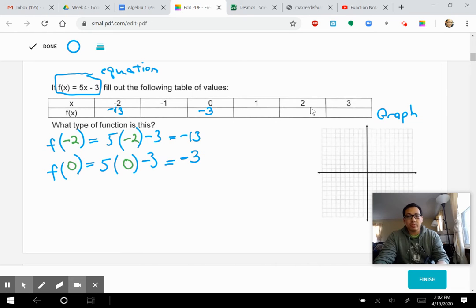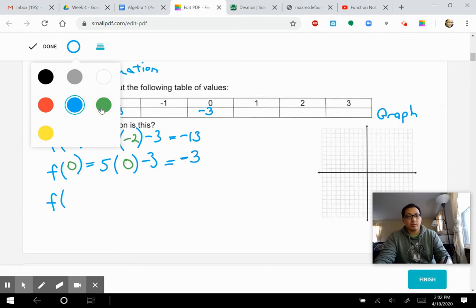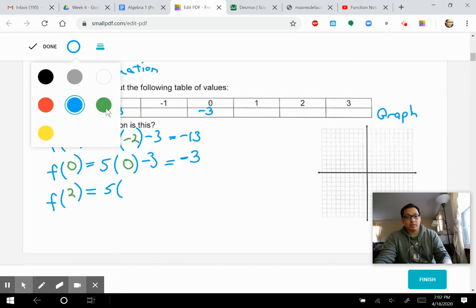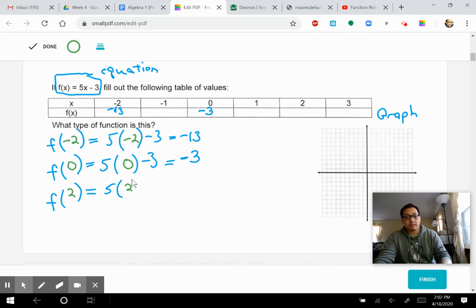Let's do maybe one or two more. How about f of 2? Okay, let's do f of 2. 2 is going to be our input now. f of 2 equals 5 times the value 2 minus 3.